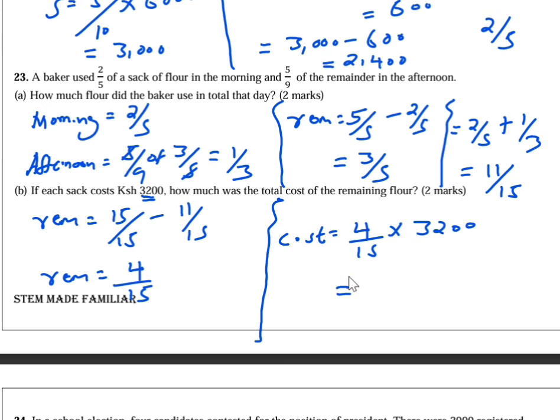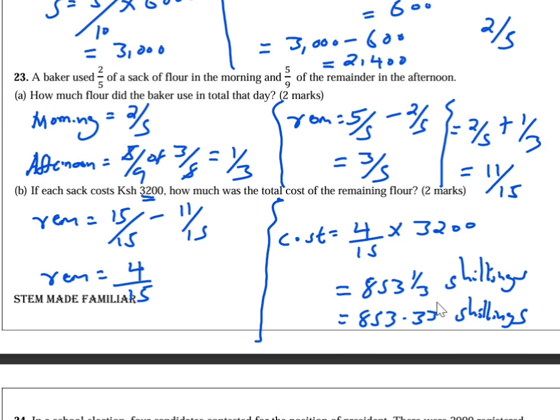If you multiply that, you'll see the answer is 853 shillings and 1/3. Or you can just give a decimal, which is 853.333. So it is 853.33 shillings. That is the answer to number 23 part B.